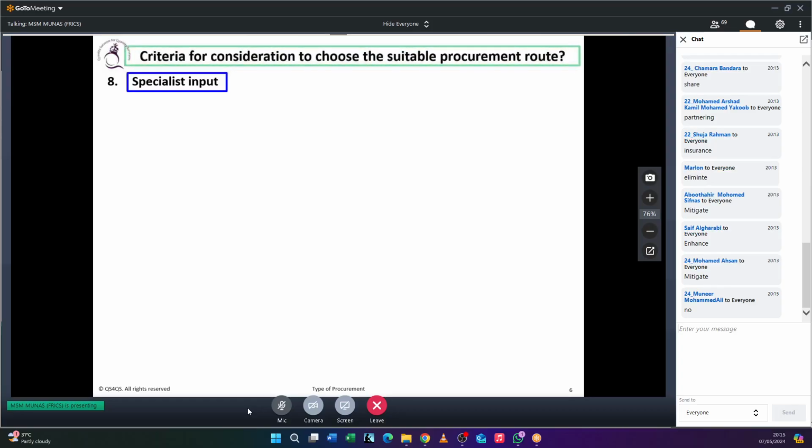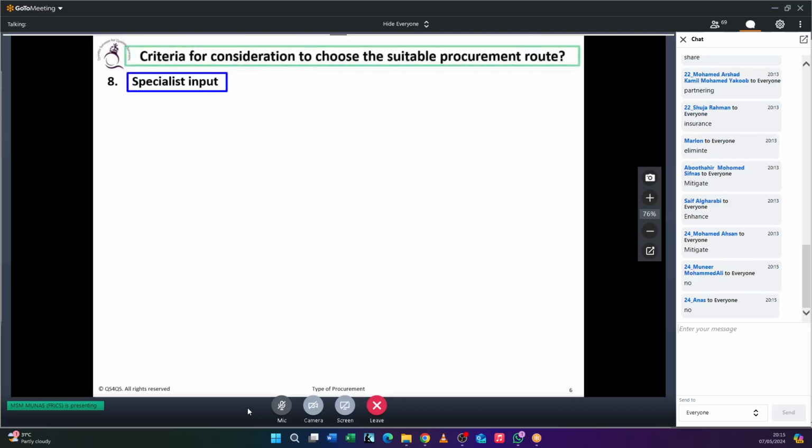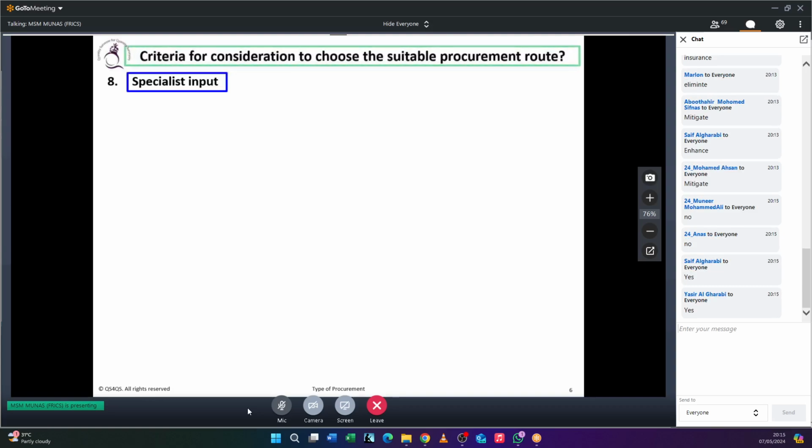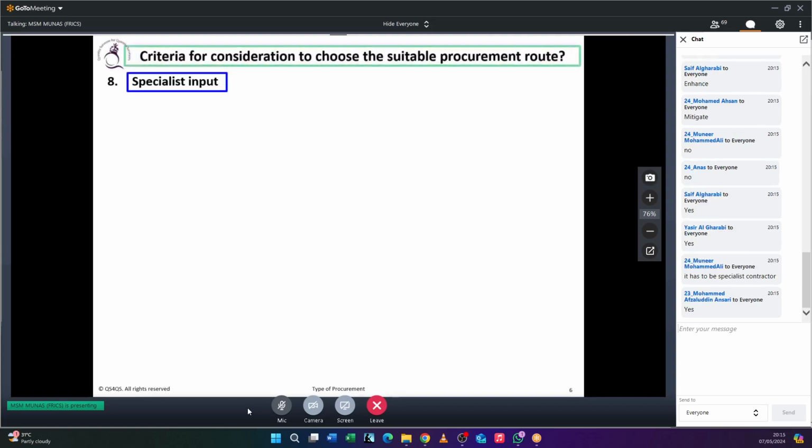Has anybody worked in an oil and gas project? Anyone? No. Do you know what they do when you are entering the site? Not like a construction site, especially an oil and gas project site, what will happen?